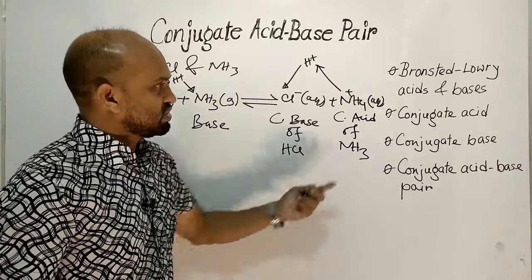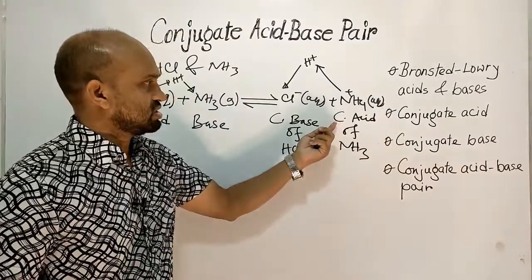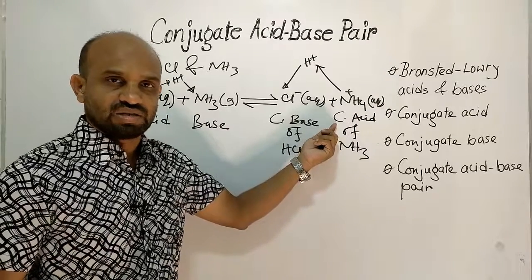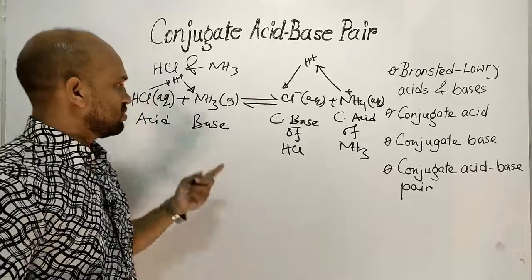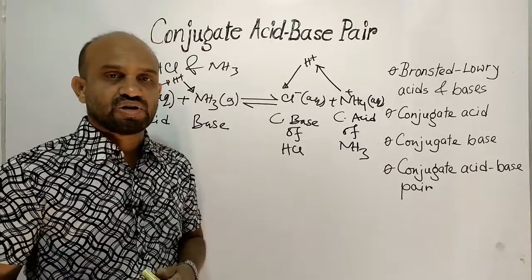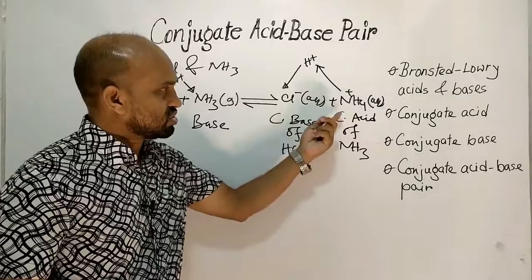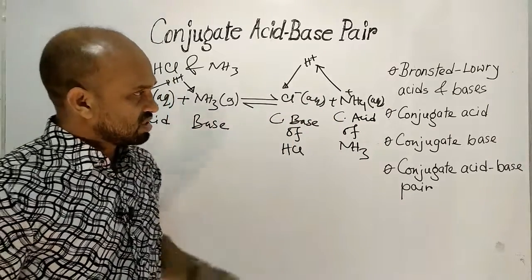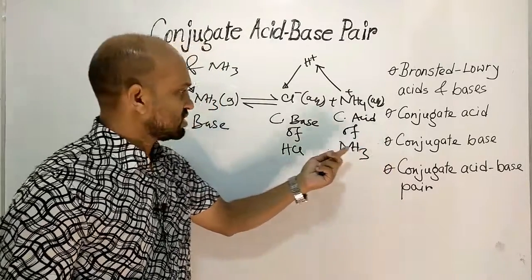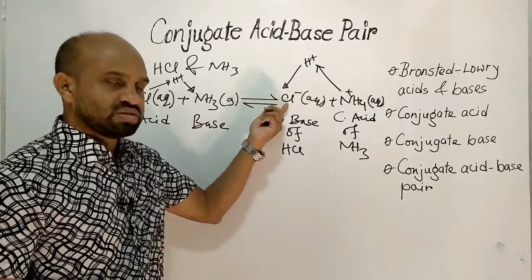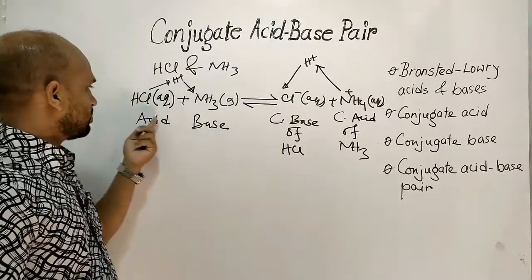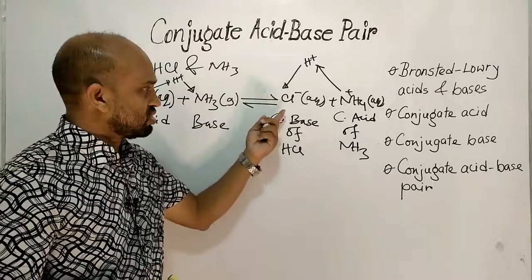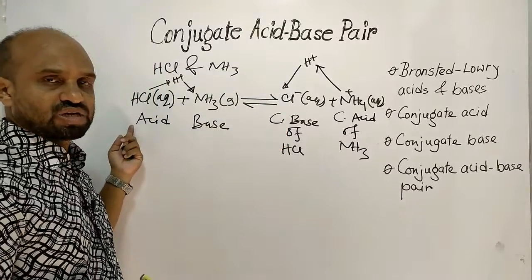Now let's see the definition of conjugate acid. Ammonium ion is a kind of conjugate acid. The definition is: the acid which is formed from a base after gaining proton is called the conjugate acid of that base. And the conjugate base definition is: the base which is formed from an acid after releasing proton is called the conjugate base of that particular acid.